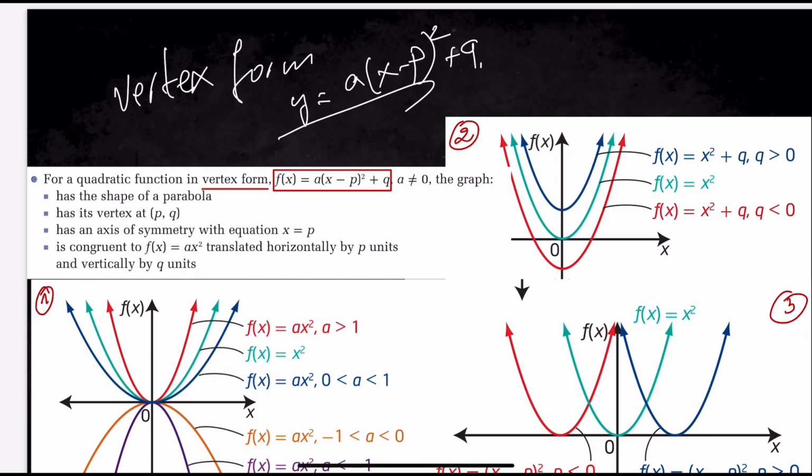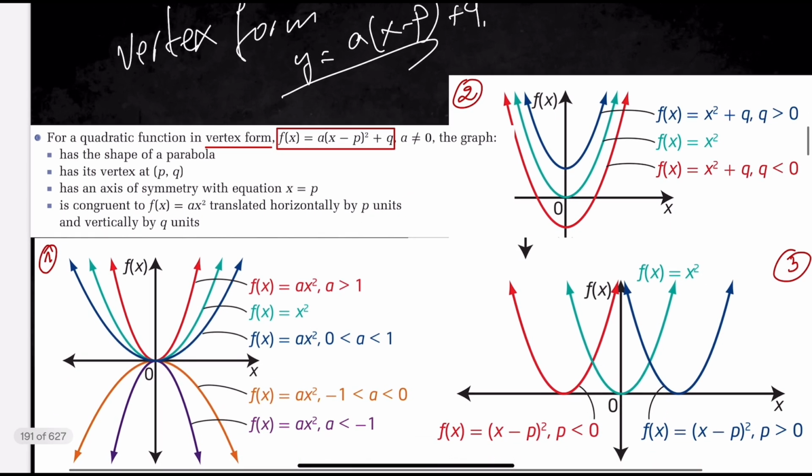So the vertex form has this equation form, which is y is equal to a times (x minus p) squared plus q, and this shows us that the graph has a parabolic shape, and there is a vertex, which is where the function changes direction. So whenever the function changes direction, that means that point is the vertex point.